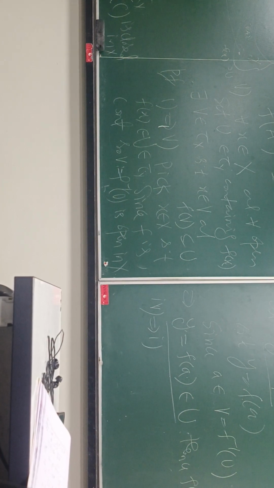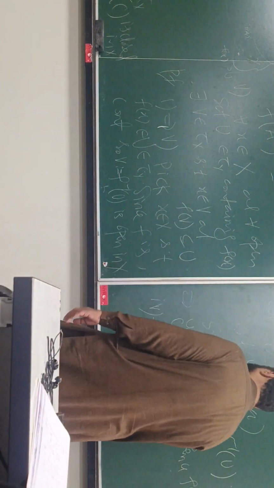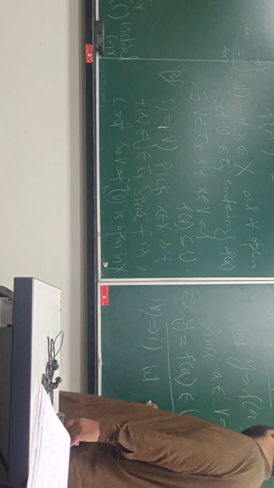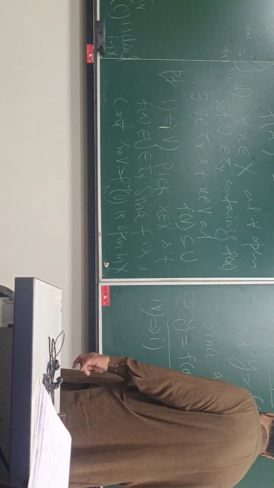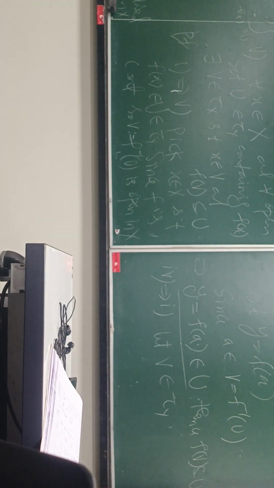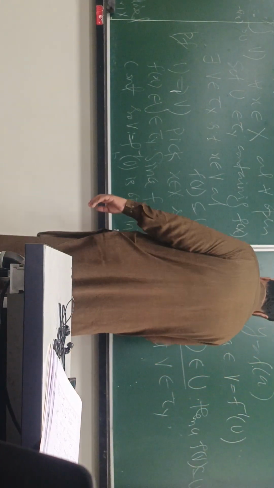So in order to do that, what do I need to do? I'm going to say that let v is open in R1. ठीक है? और claim ये है. Claim क्या है?